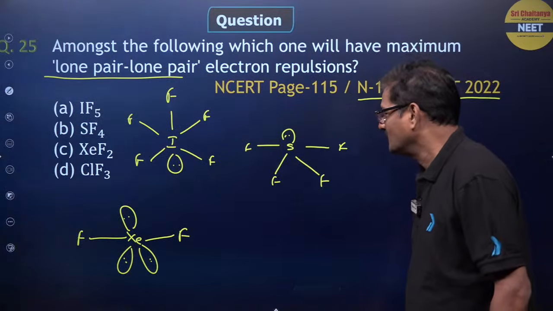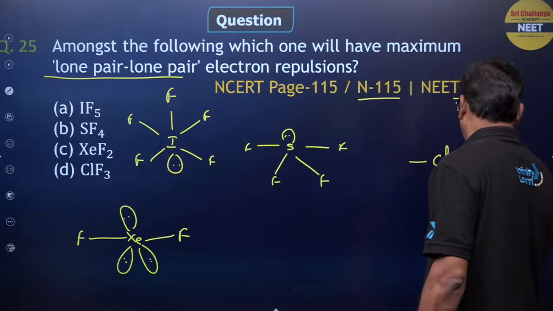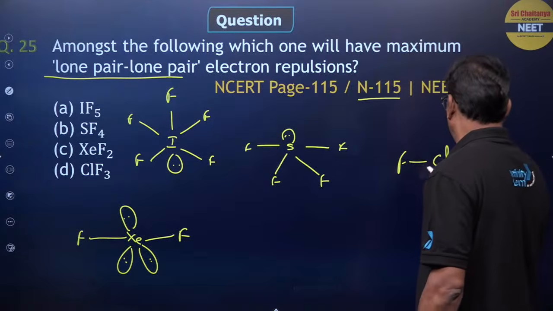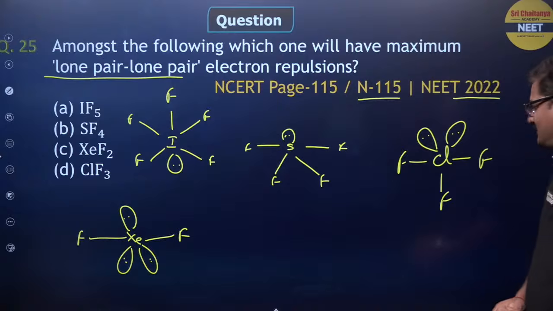And ClF3, chlorine with three fluorines, has just 2 lone pairs of electrons, right?